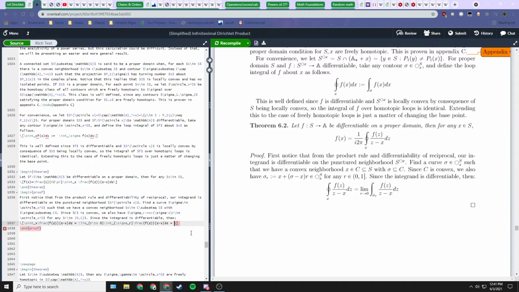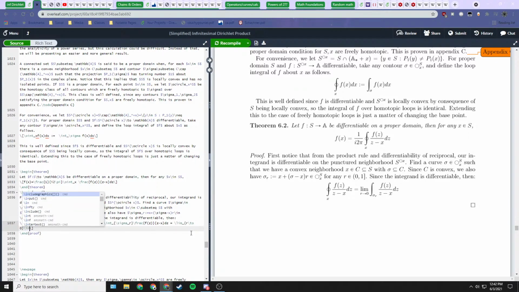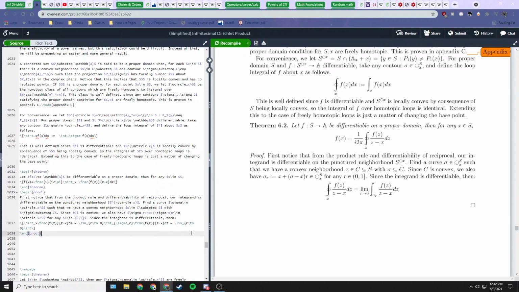So we can do the limit as r goes to 0. We have this integral.